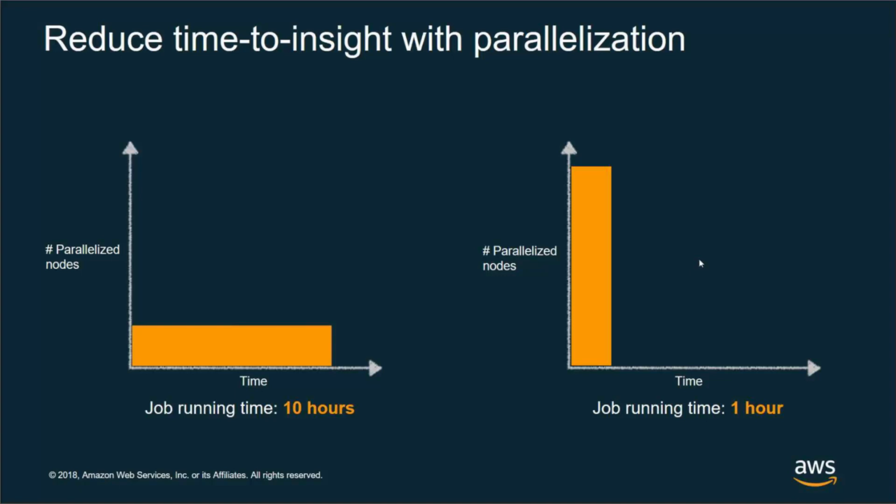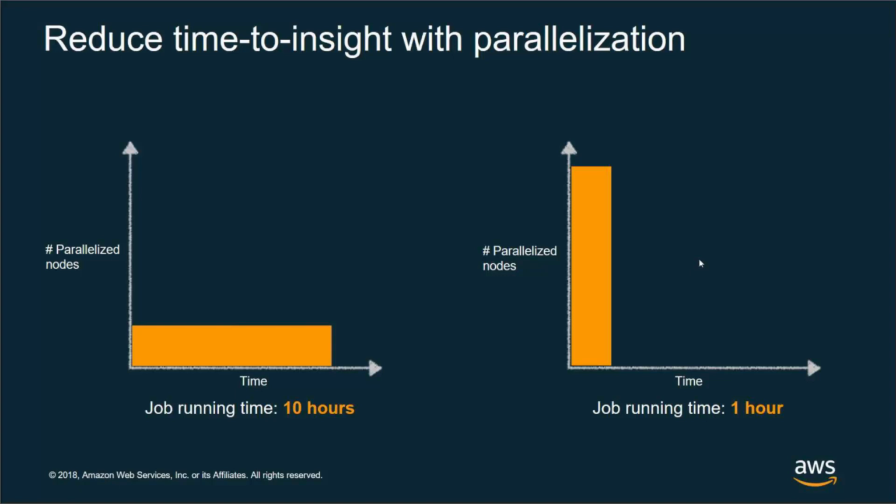So just think about how this allows customers and organizations that are moving from on-prem to the cloud to really cut down their time to insight, cut down the time it takes them to run those ETL jobs, and achieve much higher scale, meet their SLAs with just this ability to parallelize their jobs.